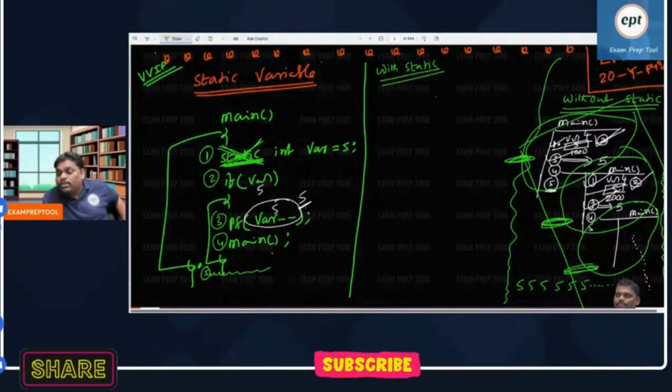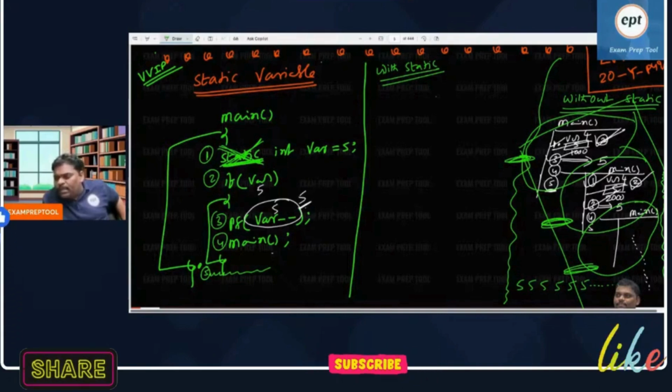What is the answer? It stopped. In programming terminology, it is not an infinite loop. It wanted to go into an infinite loop, but it stopped because the stack is over.